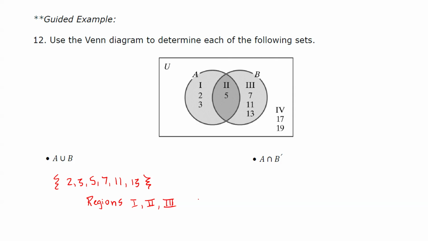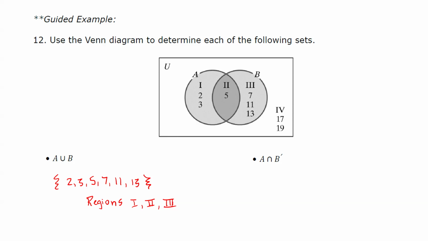And then our last one, A intersect the complement of B. I want the elements of A, and I want the elements that are in the universal set but not in B, and I want the intersection between the two of them. The elements in A are 2, 3, and 5.